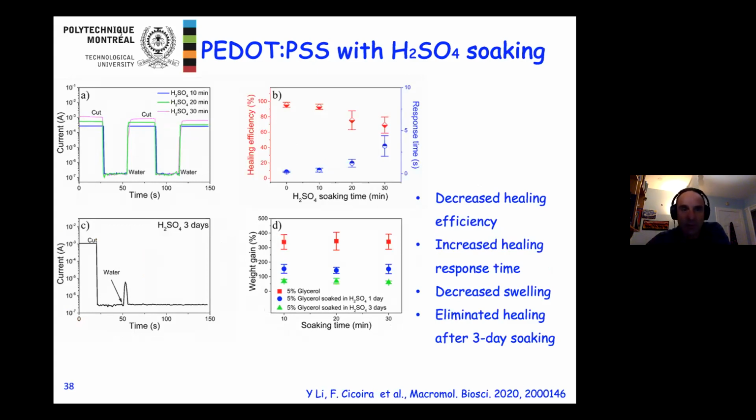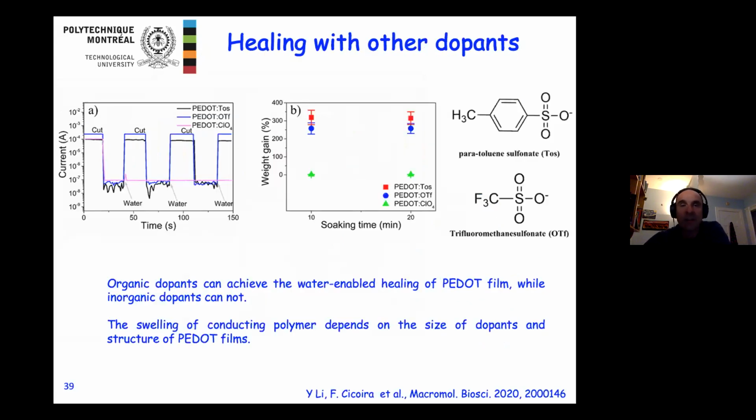Actually, you can increase the conductivity by almost two orders of magnitude by soaking into sulfuric acid. And we observe here again that healing is very inefficient. It only takes place if you add water. Even in this case, we soaked the film in acid for 3 days and we didn't observe any healing. And this is because the film does not undergo any swelling after this treatment.